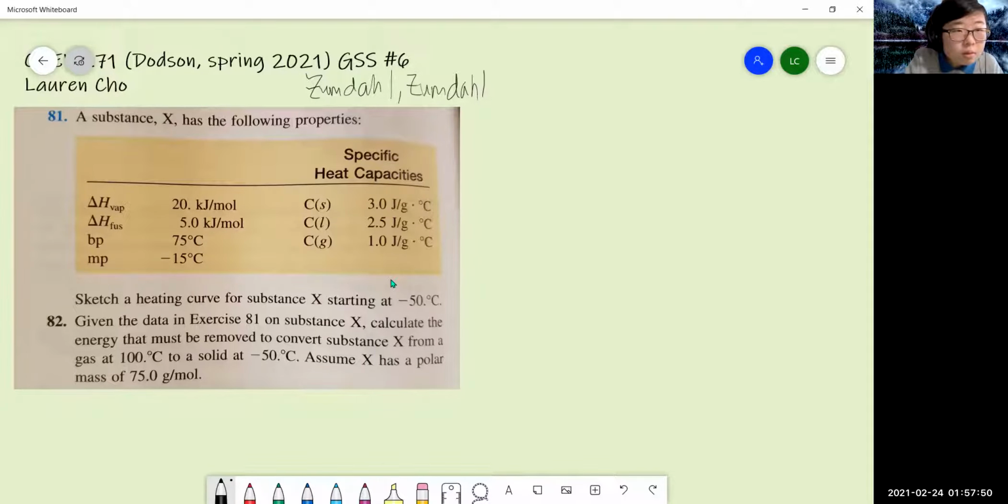Okay, so this problem says a substance X has the following properties. We're not going to be just using water, because water is usually the one we can use. But what we want to do is create a phase transition diagram similar to what is given.